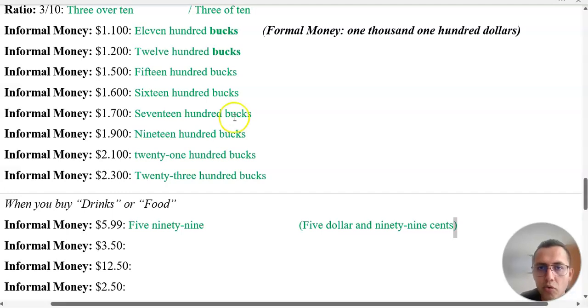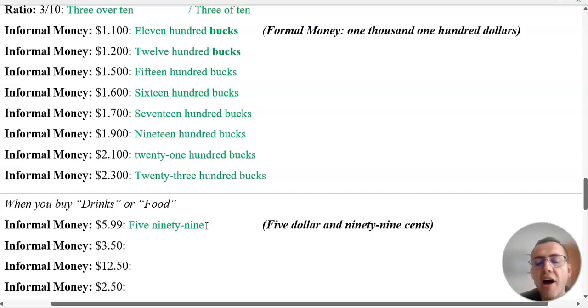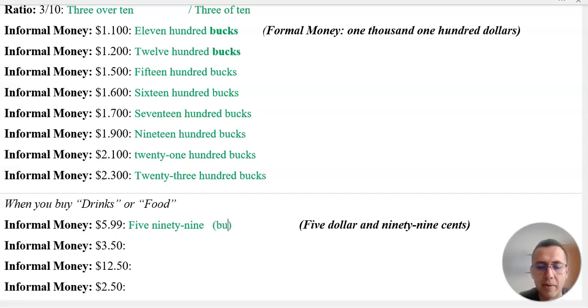Pero no va a ser común el escuchar este tipo de dinero de esta manera, sino que por practicidad 5.99, así de simple, sin nada. De hecho, es opcional el uso de la palabra bucks. Acá sí que no se usaría, ya que lo más práctico es decir la sola cifra sin nada, sin point, sin dollars, bucks, sin nada, sin cents.